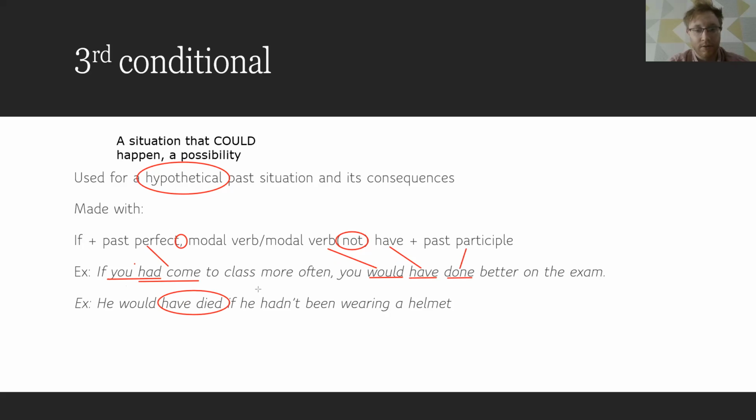So here's the past perfect form, and then right here, the not. So the not will come after the had. Yes, remember the past perfect form is had plus verb, usually past participle. And then, yeah, the not will come after the had.